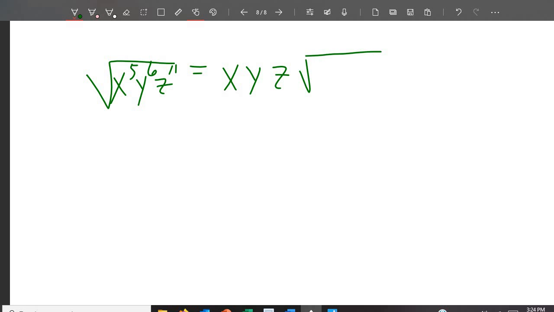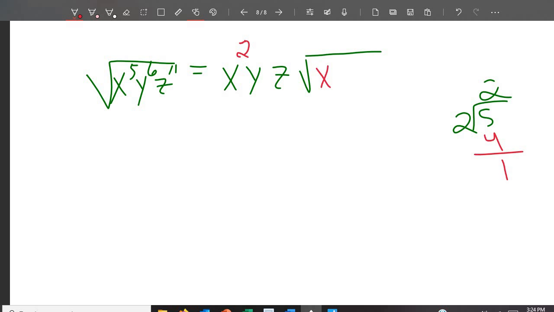And underneath, I'm going to have something left because they don't divide evenly. Let's start with the 5s. If I divide 2 into 5, it goes 2 whole times. So the x on the outside will have a 2. Finish this out. The remainder is 1, so it'll have 1x left underneath.